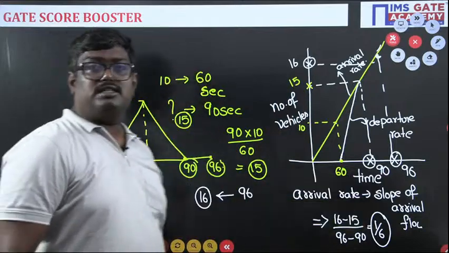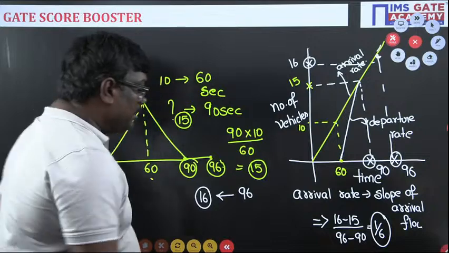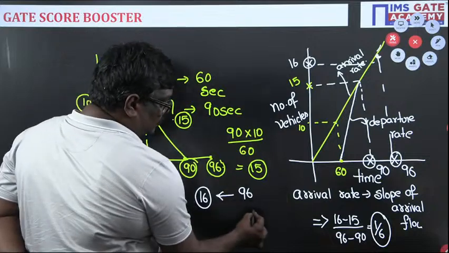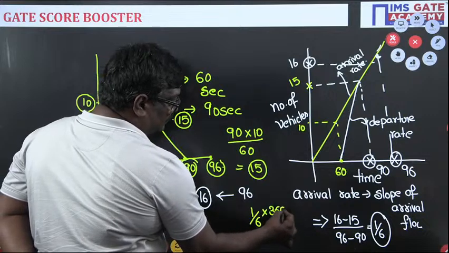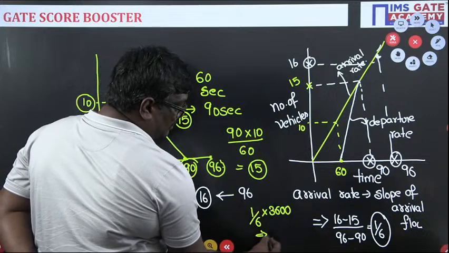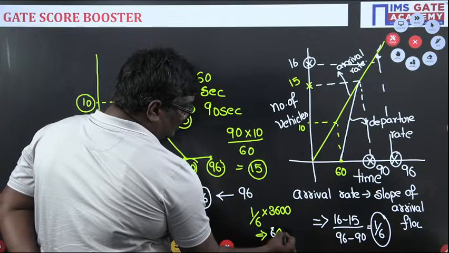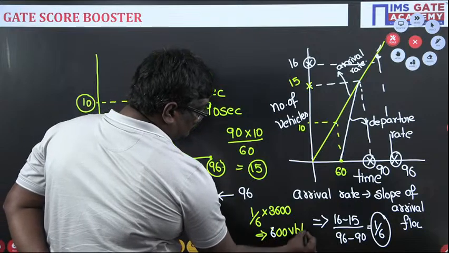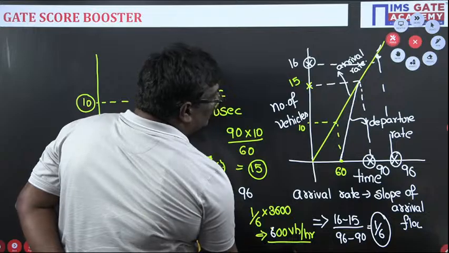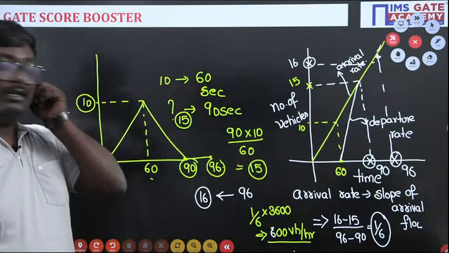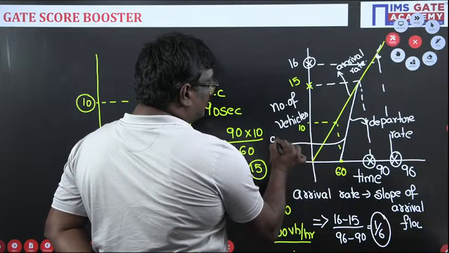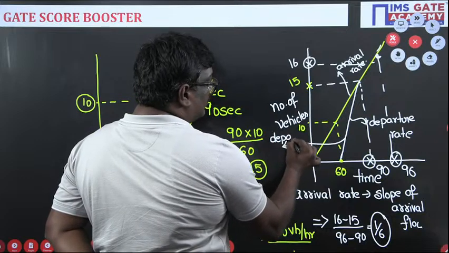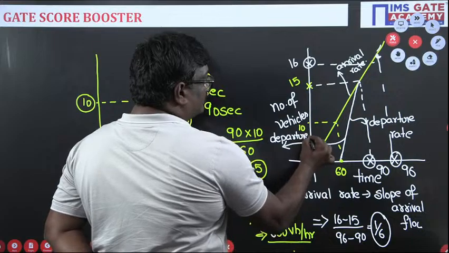This is 1 by 6 of a second. But here you have to talk in hours. So 1 by 6 into 3600 will be equal to 600 vehicles per hour. Now, this is called the departure rate, and here you will get the slope of the departure rate.